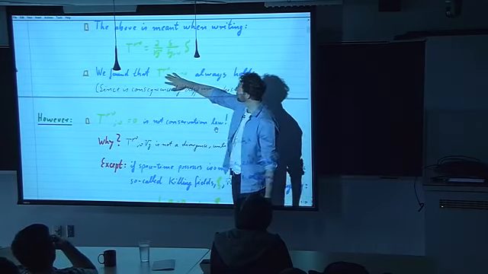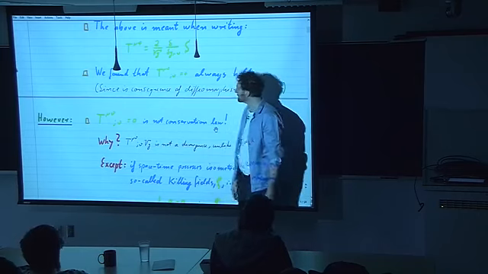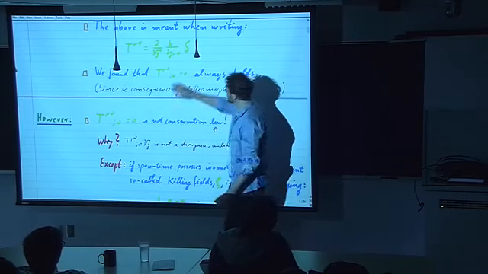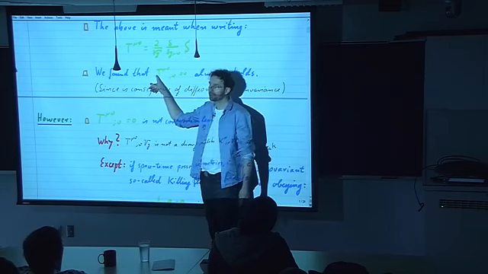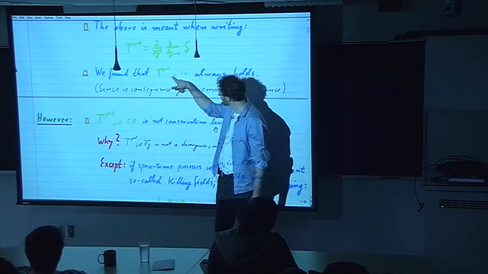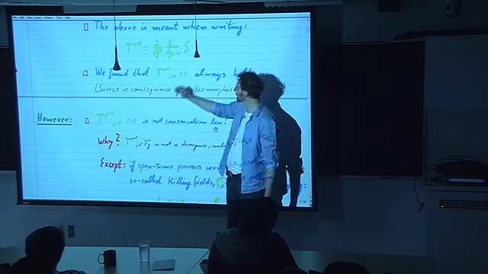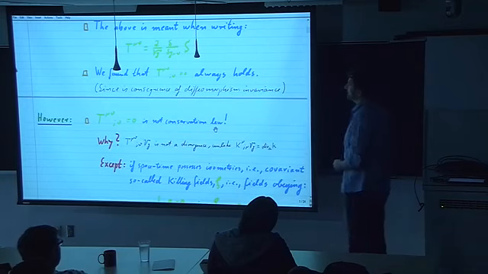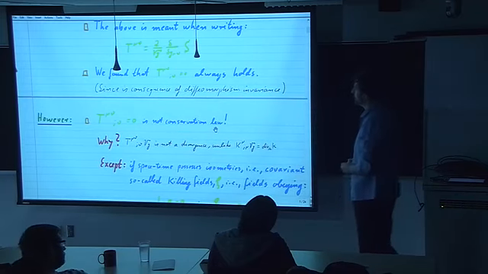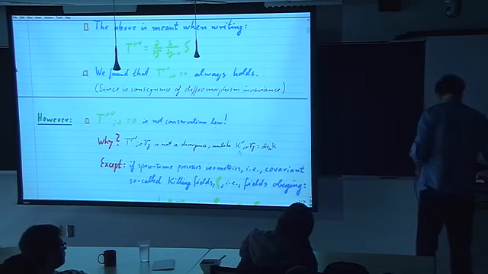It looks a bit as if it were a divergence, and when a divergence is vanishing, then you have a conservation law, but it's not a divergence because there's this extra index μ. If this was just a contravariant vector whose covariant derivative contraction is vanishing, then we would have a conservation law via Gauss's theorem. But we don't.